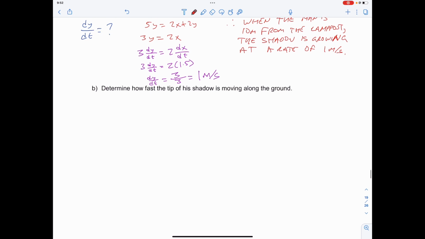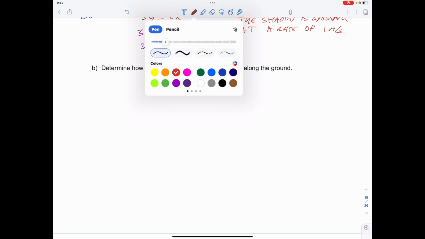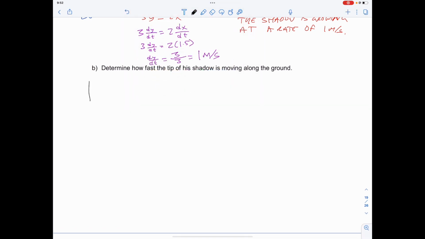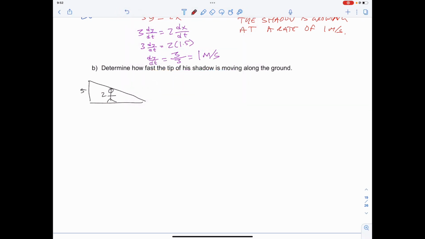For the second part, when it says determine how fast the tip of the shadow is moving along the ground. Well, remembering the triangles we built, we have our lamppost, we have our man, this is still 5, this is still 2, and we said that this is x and this is y.